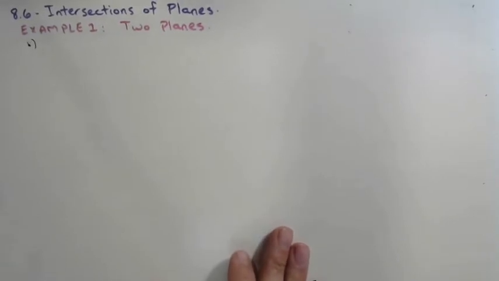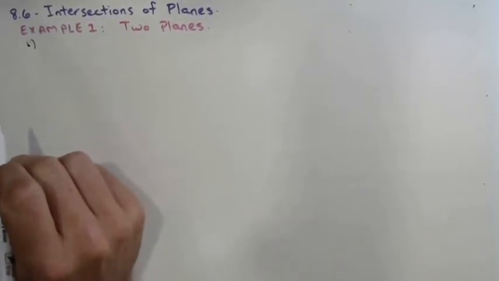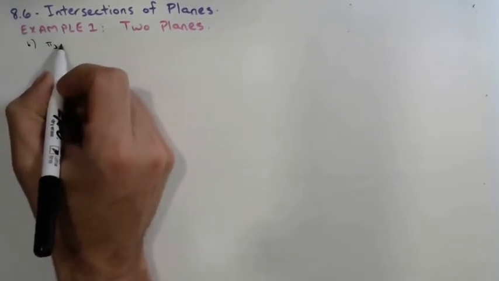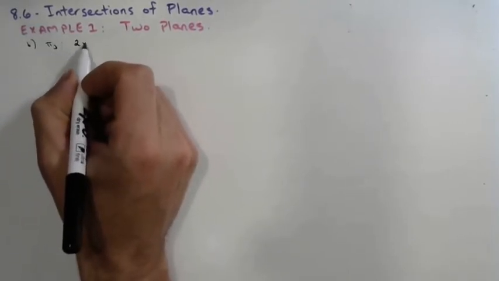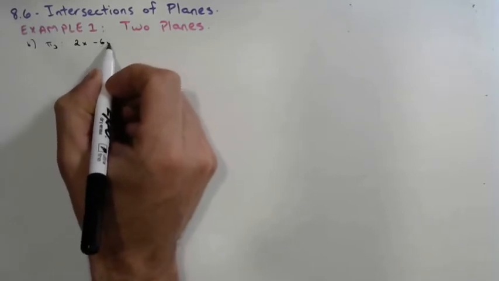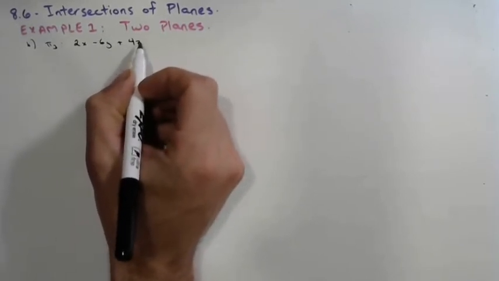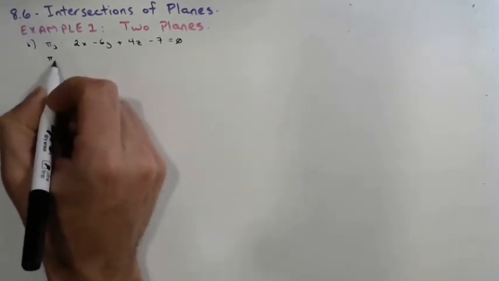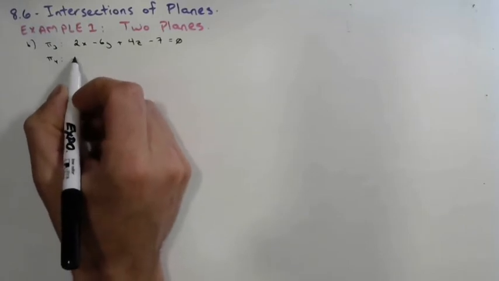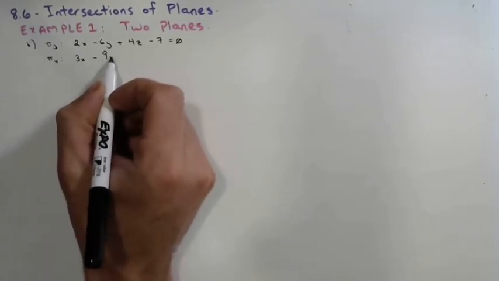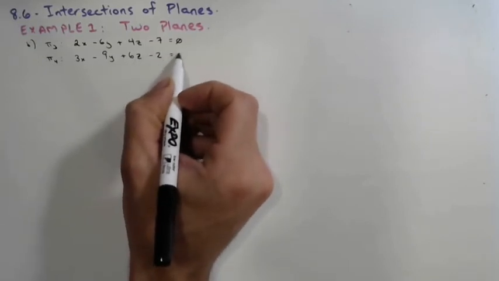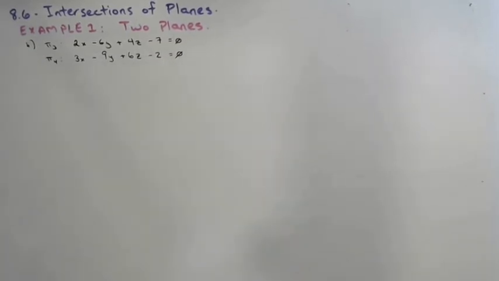In the second part of example 1b, we are again given two planes. We're given plane 3, which is 2x minus 6y plus 4z minus 7 equals 0, and plane 4 is 3x minus 9y plus 6z minus 2 equals 0. So the first step, again, is going to be to determine whether or not these are parallel.